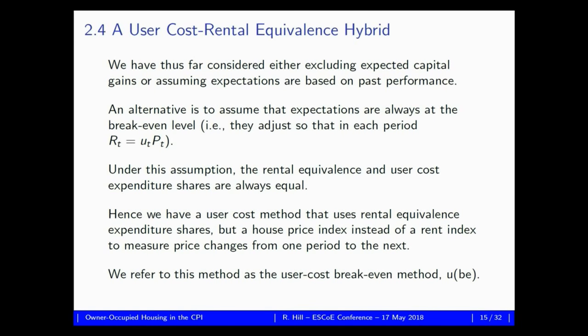But another possible approach for expected capital gains is to assume expected capital gains are at their break-even level. This means they're at a level such that the cost of renting equals the user cost. If you assume that, then you can effectively use the rental equivalence expenditure shares, but use a house price index rather than a rent index.